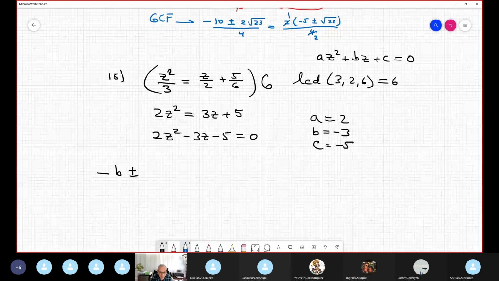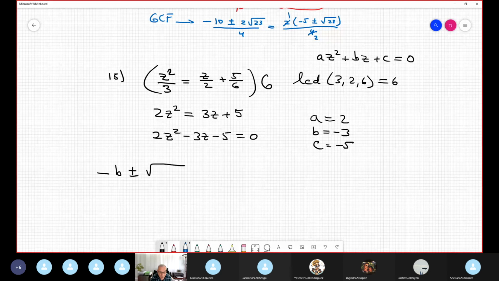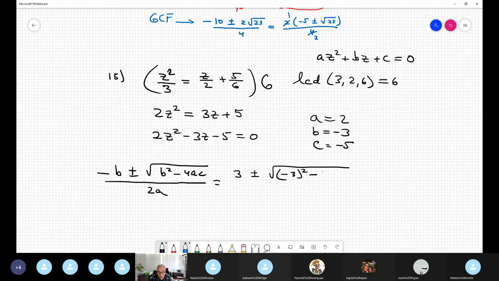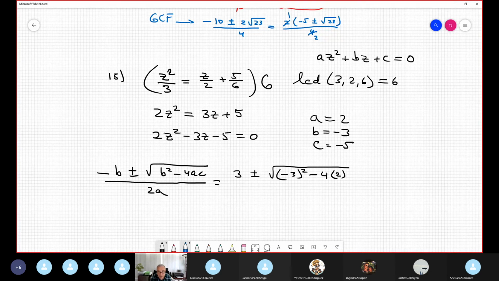Minus b plus or minus square root of b squared minus 4ac, divided by 2a. So 3 positive, a double minus again: the minus of the formula and the minus of the b value. Plus or minus square root of negative 3 squared minus 4 multiplied by 2 multiplied by negative 5. Be careful with the sign.